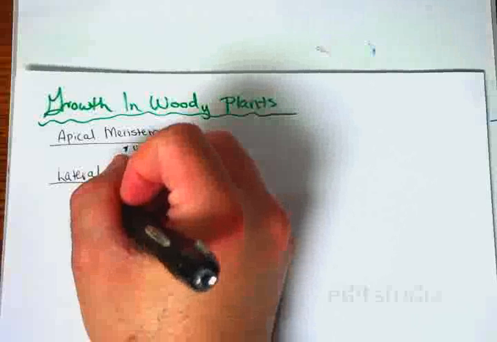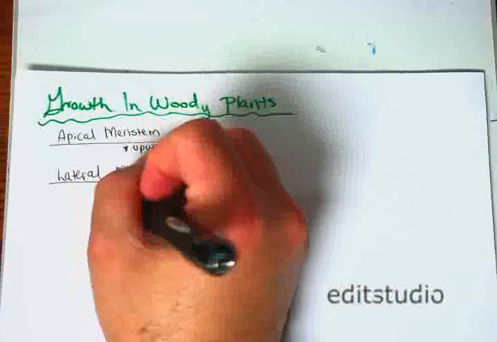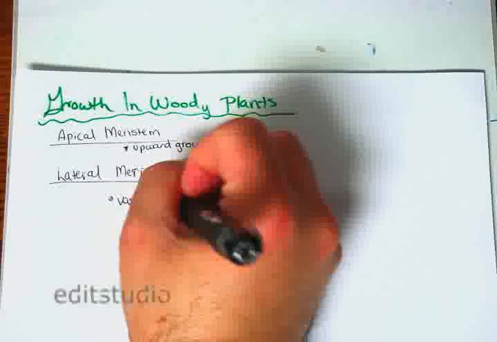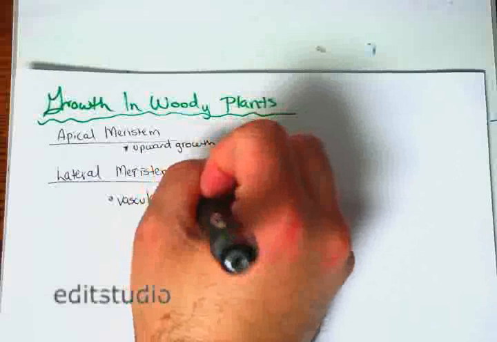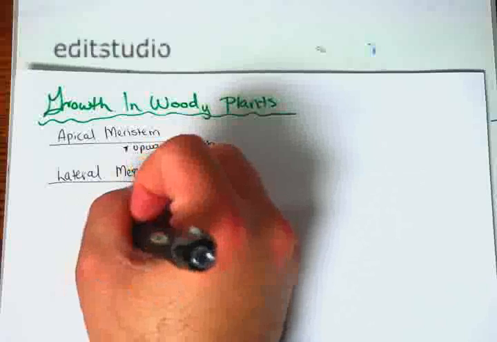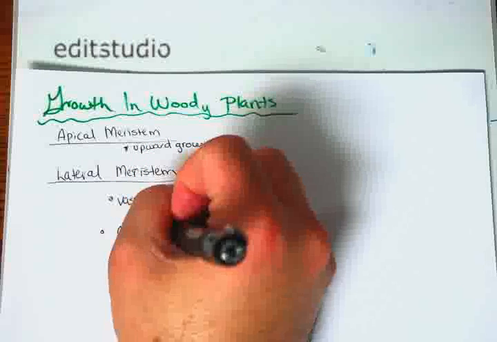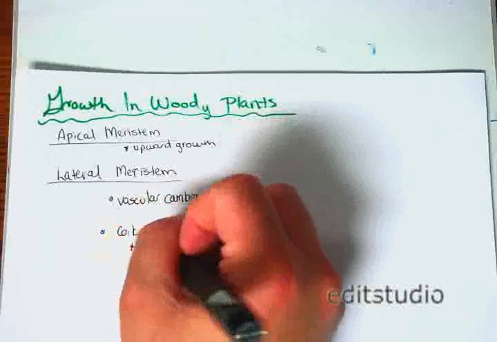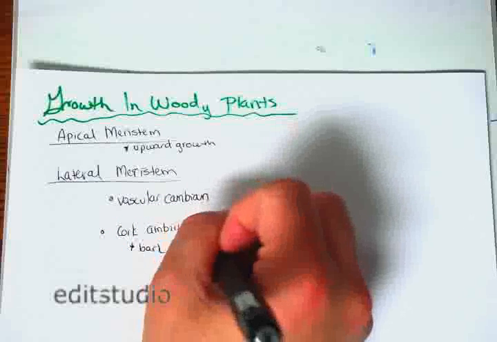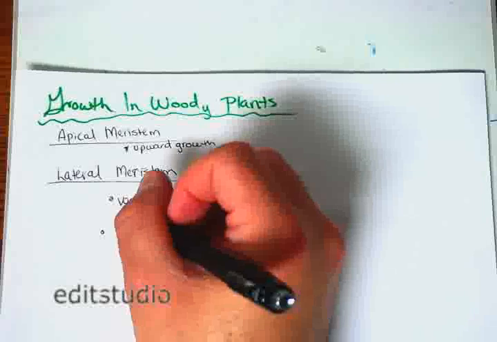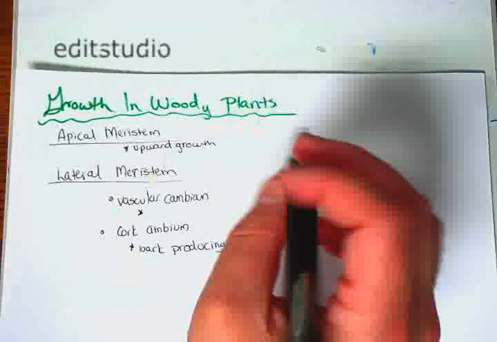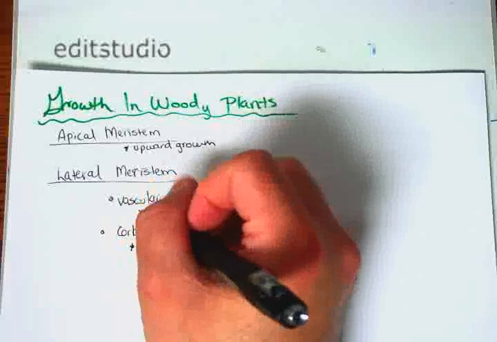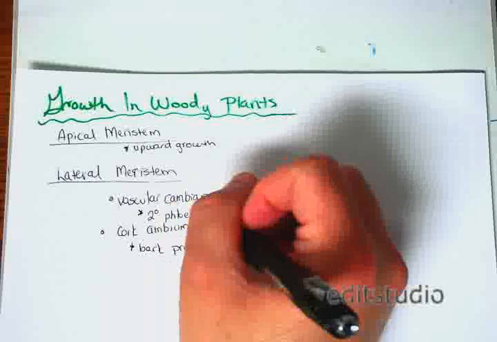You have two types of lateral meristems. You have vascular cambium, and then you also have cork cambium. The cork cambium is responsible for making bark, whereas your vascular cambium is all about making vascular tissue. It's going to make the secondary phloem as well as the secondary xylem.